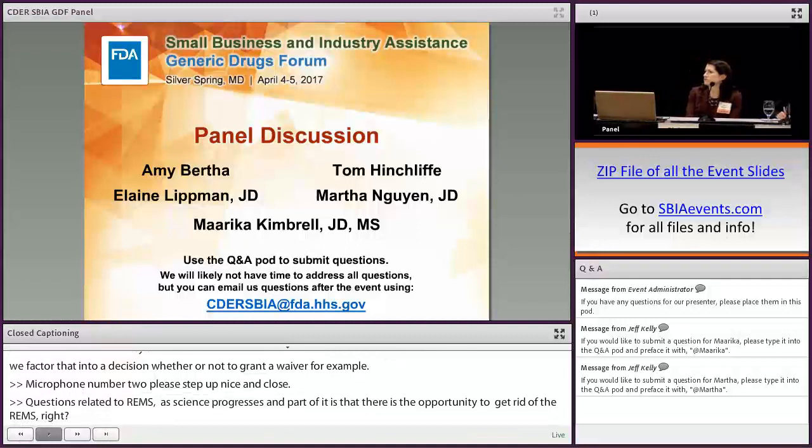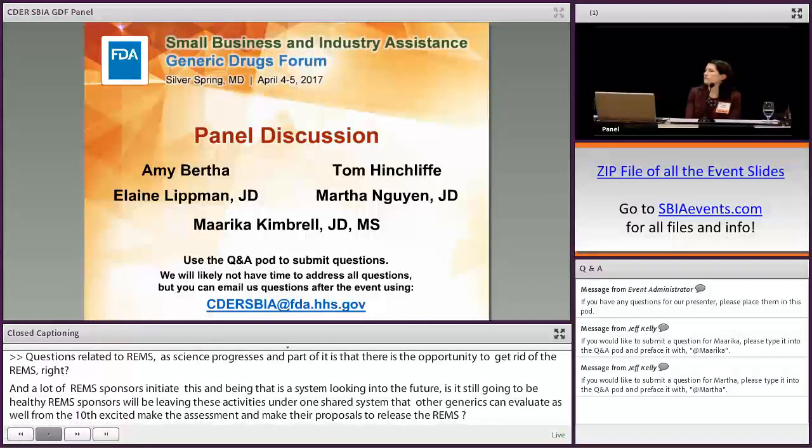So we take a number of factors into consideration, reasonableness, speed, and we request that these companies comply with those. Now, they're not regulatory requirements or statutory requirements that those deadlines be met. However, if they are missed, we factor that into a decision whether or not to grant a waiver, for example.